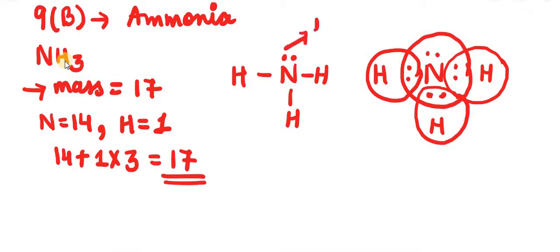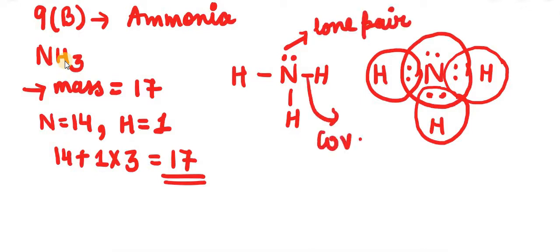So the lone pair of electrons is present, and the covalent bonds are also present along with it. This is a general little introduction about ammonia.